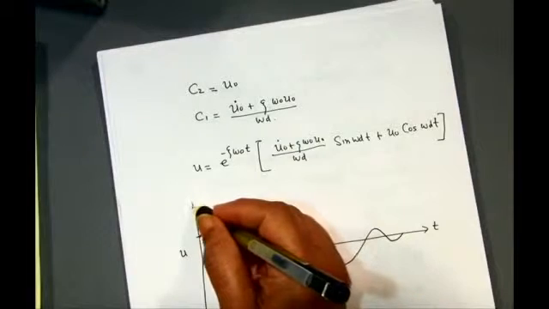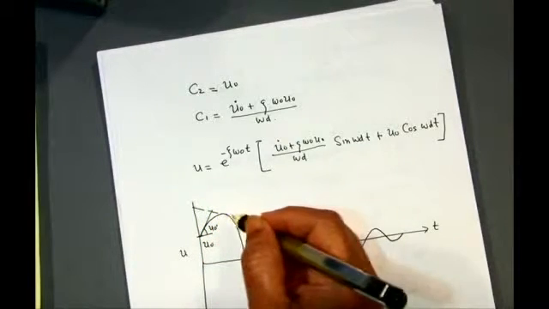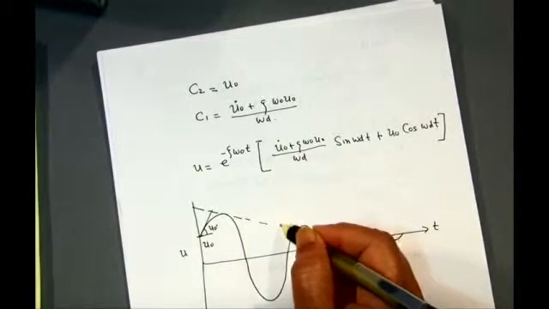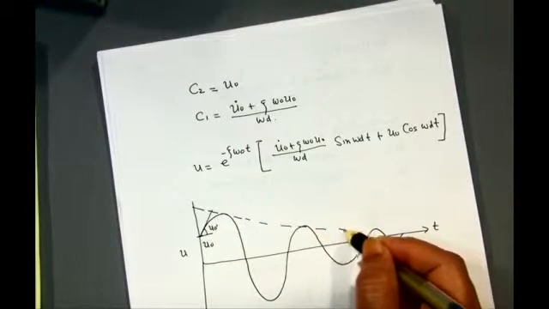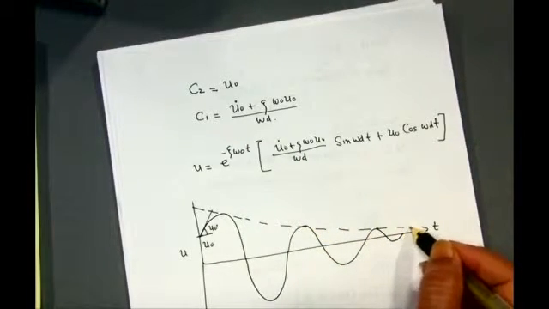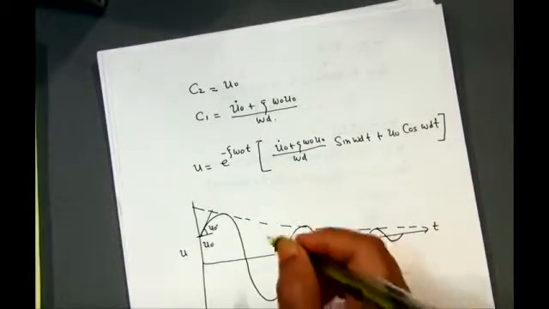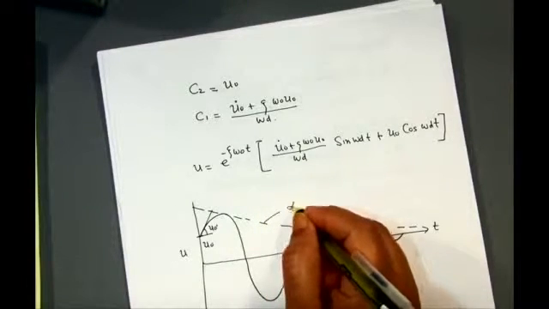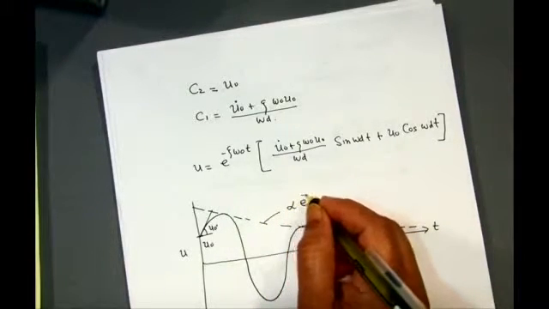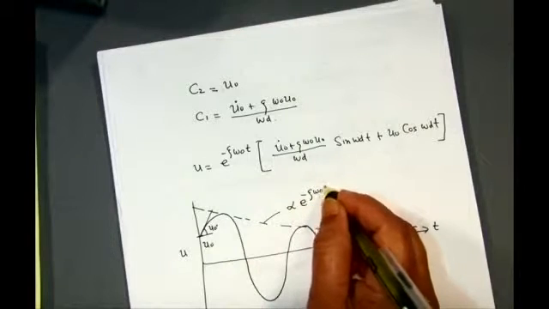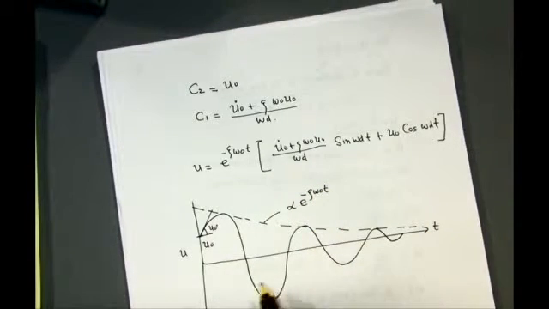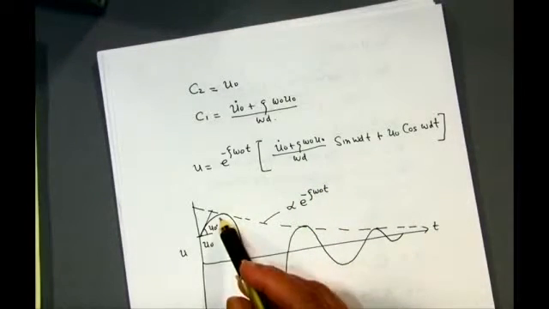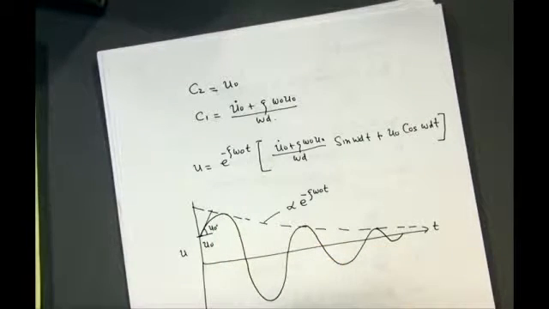If I draw a line tangential to all these peaks, this is what is called the log decrement, and this decrease is proportional to e to the power minus zeta omega 0 t. As time increases, the amplitude starts decreasing.